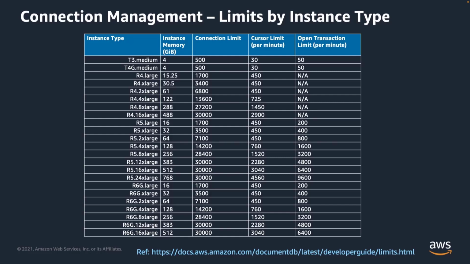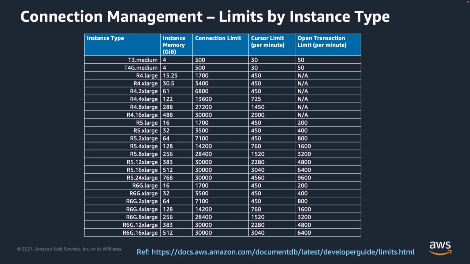With T3 medium, I'm allowed about 500 concurrent connections, as shown in the table. Then the maximum throughput that I can achieve with this calculation is about 1000 inserts per second. There could be some other bottleneck I run into before I reach that limit, but 1000 is the max I can get to because of the connection limit on the T3 medium.